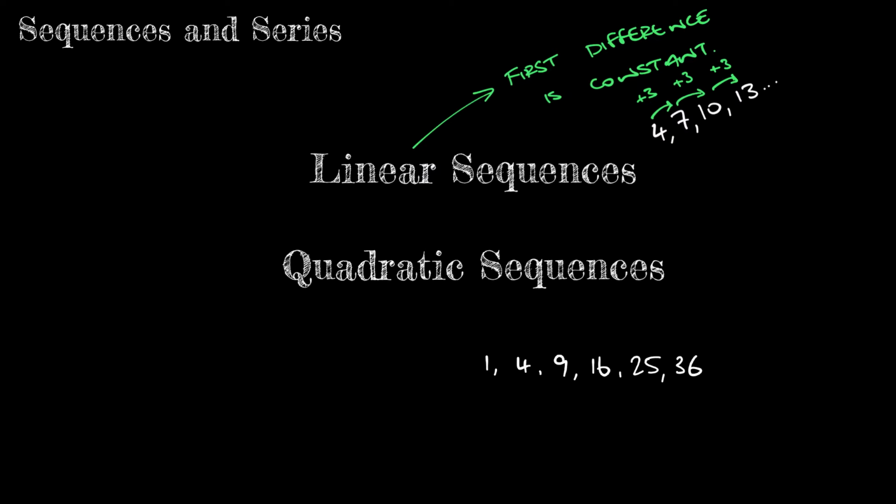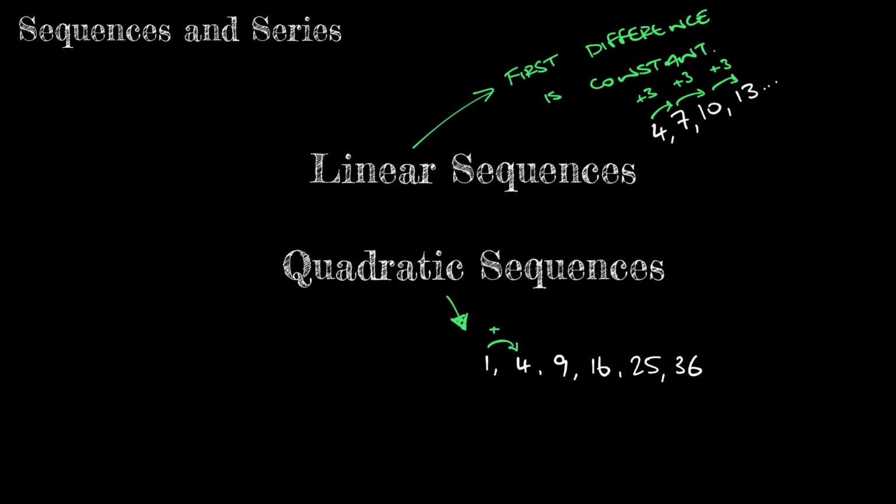So now we're going to look at quadratic sequences. And you can see there, the quadratic sequence is this one here. They're slightly different. What you'll notice about a quadratic sequence is that the first difference isn't constant. So let's look at the first difference there.